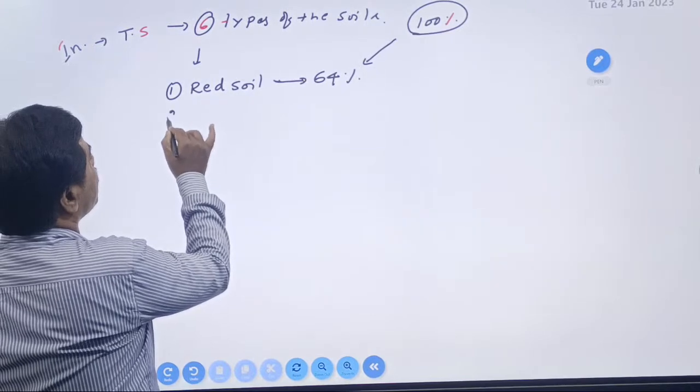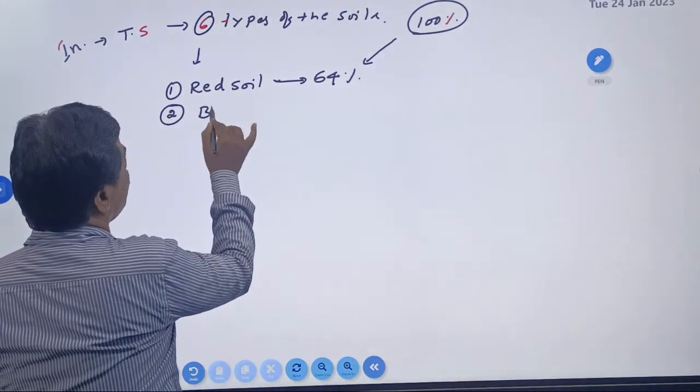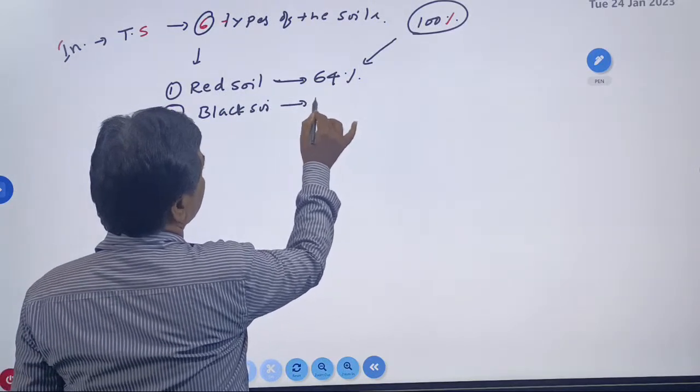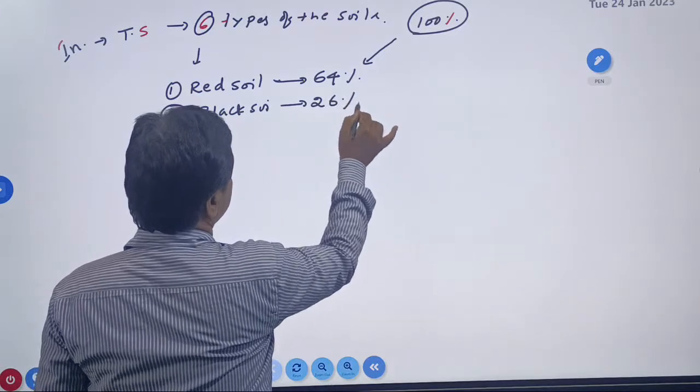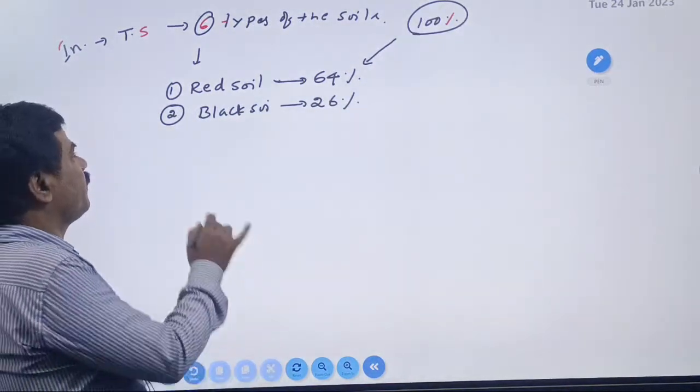Second one is black soil, which occupies 26 percent, the next highest percent of the area.